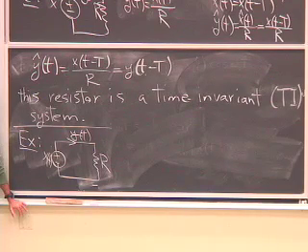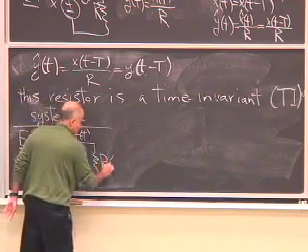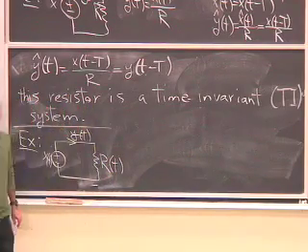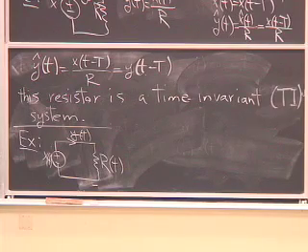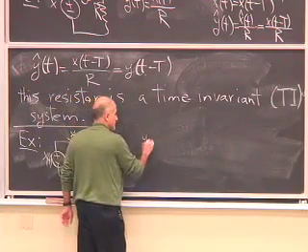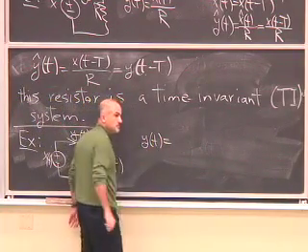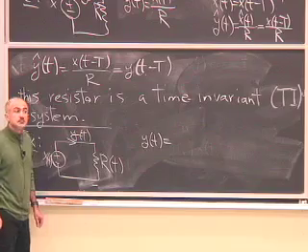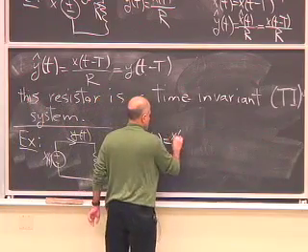In the real world, there's no such thing as a constant resistance. You change the temperature in the environment and the resistor changes. So in the real world, the resistance will be a function of time. No longer a constant. So now what's the relationship between the output and the input? X of t over R of t.